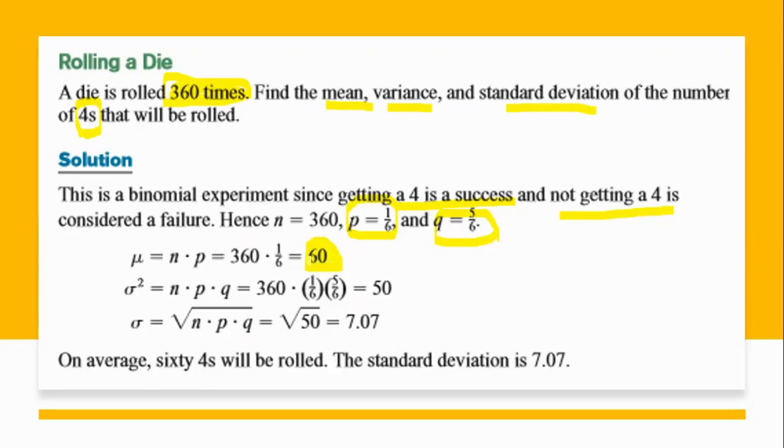So an average of 60 4s should be there, but when you actually roll it and count how many times you have 4 in your experiment, you can easily find out, right?